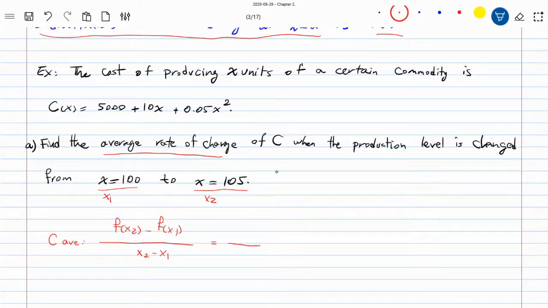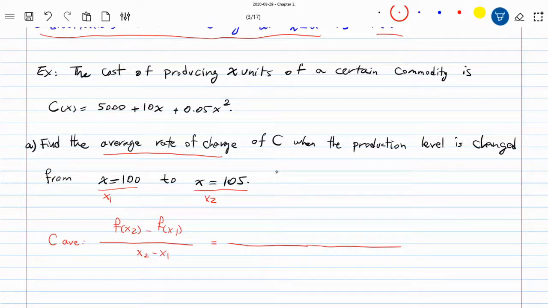So what would be the range? Just replace 100 and 105 into the calculator, find out what is f of 100 and f of 105. So I'm going to try to do this as fast as I can. I should have prepared these numbers already.